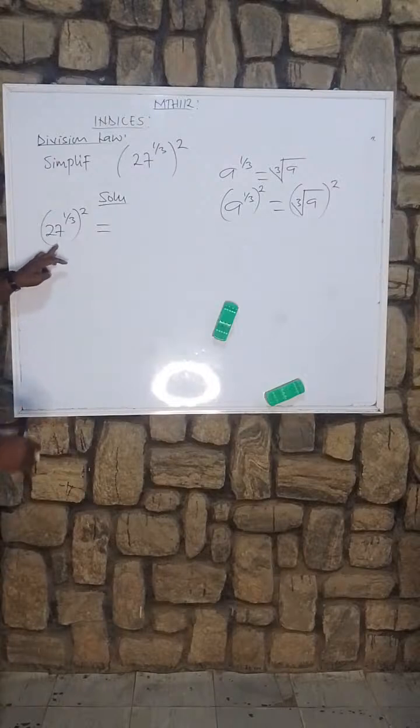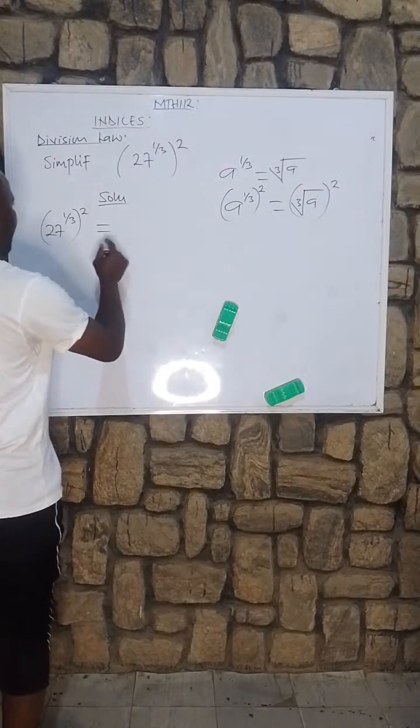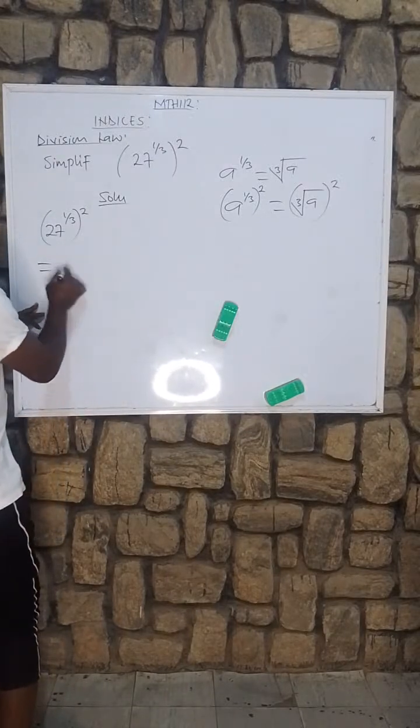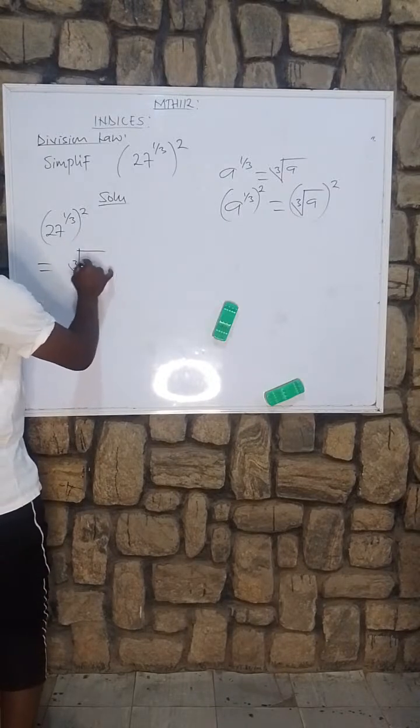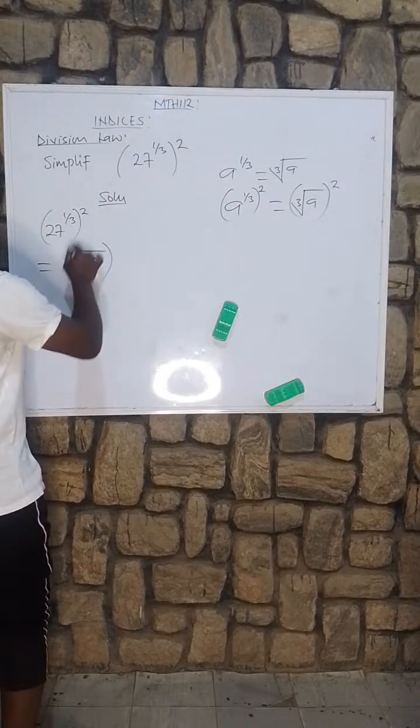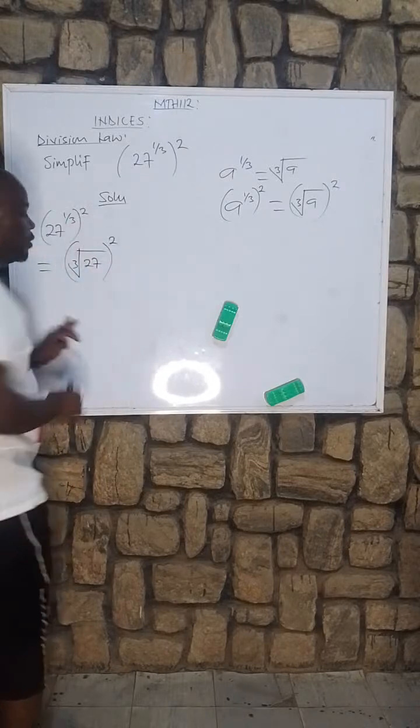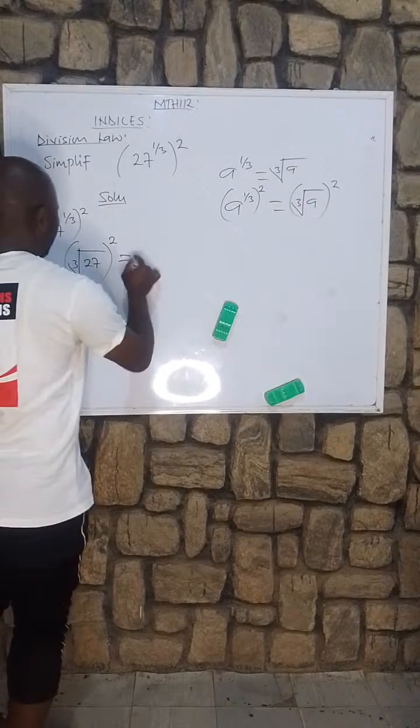So look at it here. So this implies that this will now be equal to (the cube root of 27) raised to the power of 2. And this is equal to.